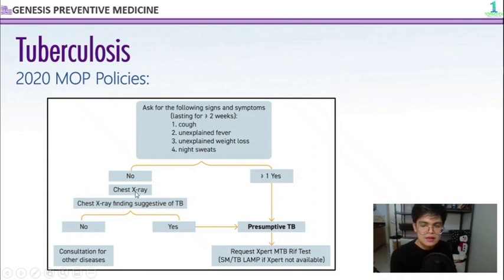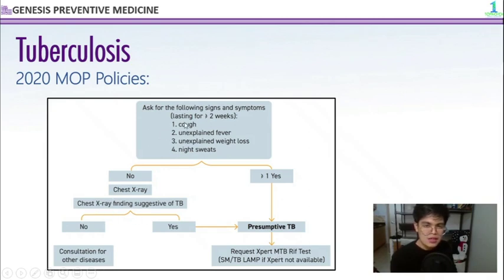Okay, if not, they can go for a chest x-ray, and if they have chest x-ray findings suggestive of TB, here that is also presumptive TB. So either clinical or radiologic evidence of TB, you can go ahead to Xpert confirmation.